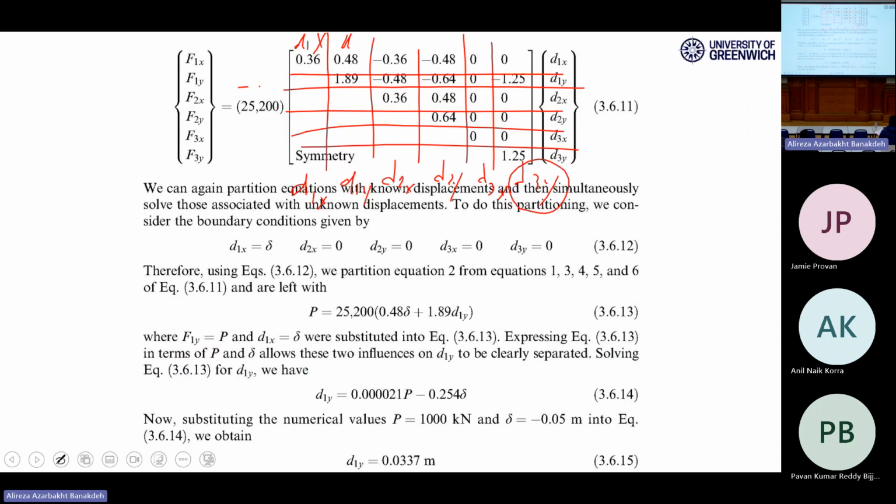D1y is row number 2. Row number 2, column number 6. This is this number, right? So you should repeat this for all the elements there, bring them here.